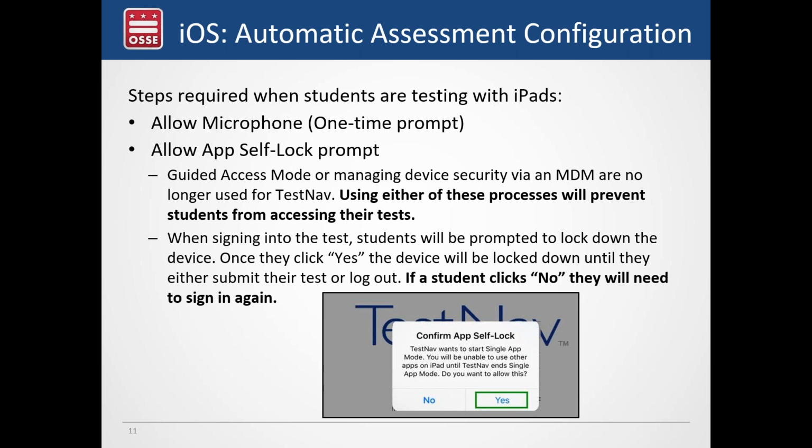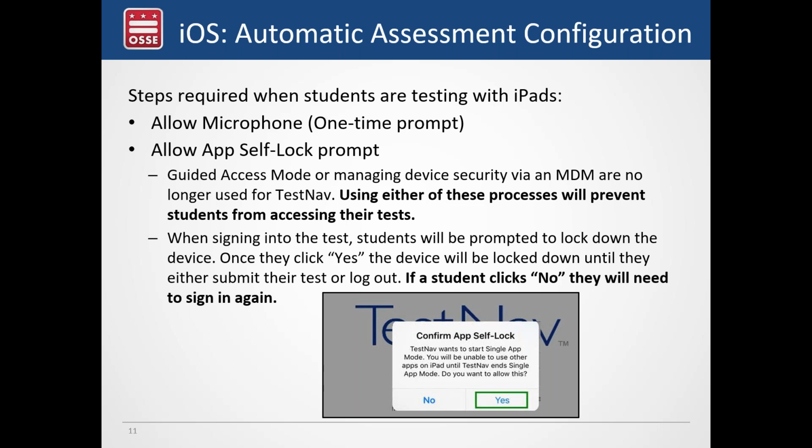And the other feature is the app self-lock prompt. This basically just prevents students from accessing any other app on the device. And when students log in to TestNav on the app, the error box in the screenshot I added below just confirms the app self-lock.